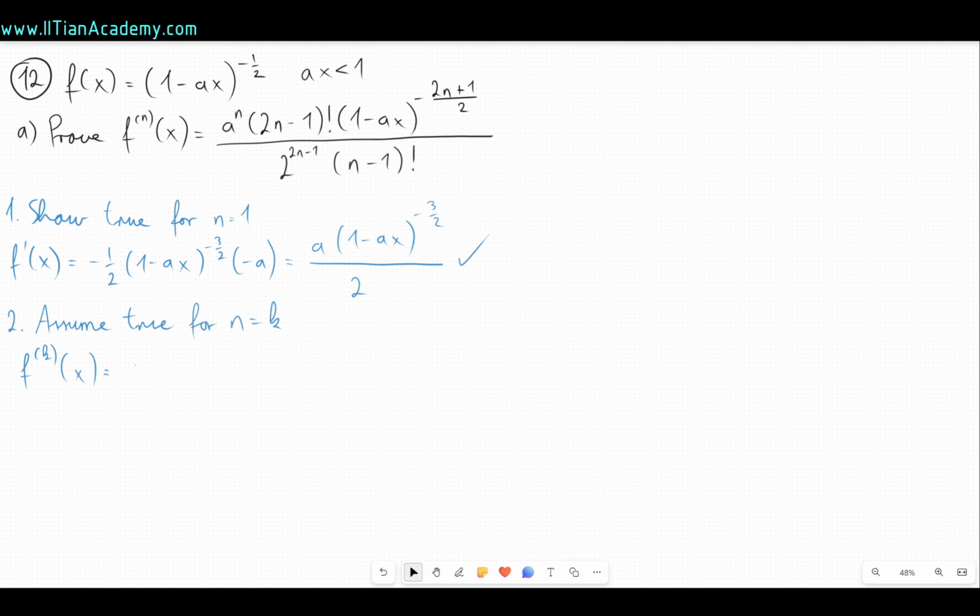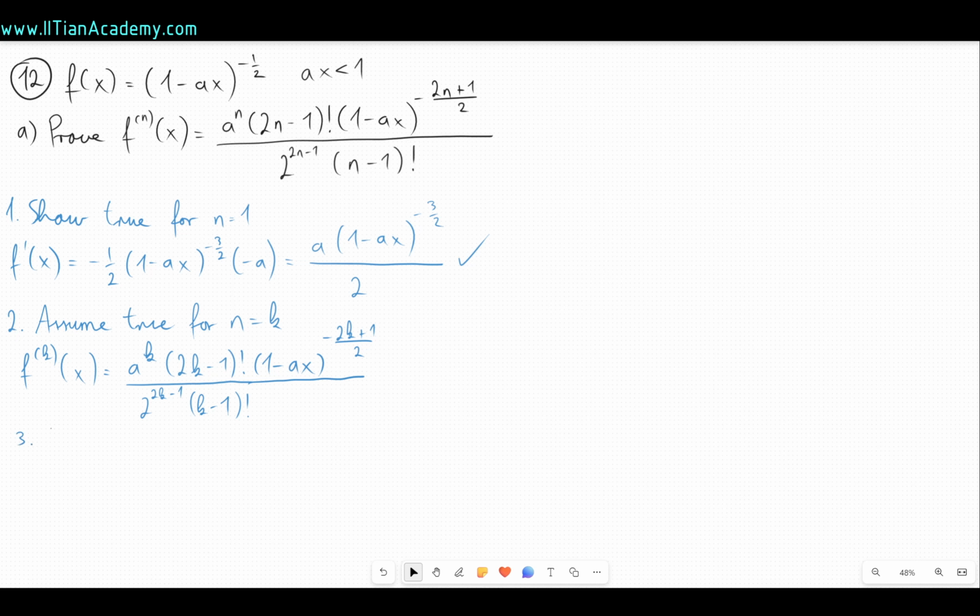We assume it is given by this expression, all over 2 to the 2k minus 1 times k minus 1 factorial, and on the top we still have 1 minus ax to the power of minus 2k plus 1 over 2.